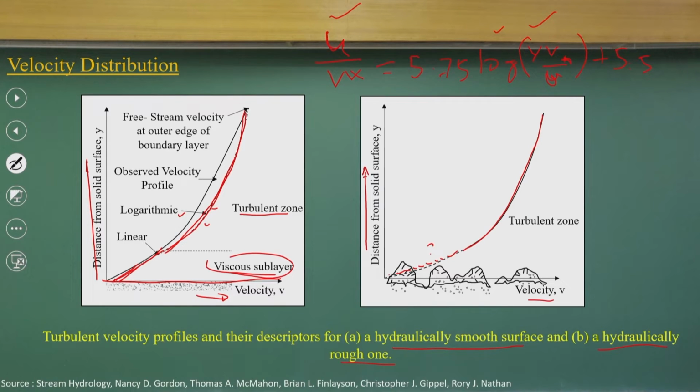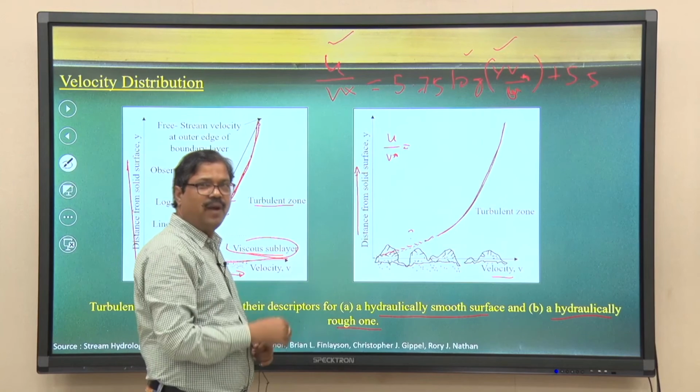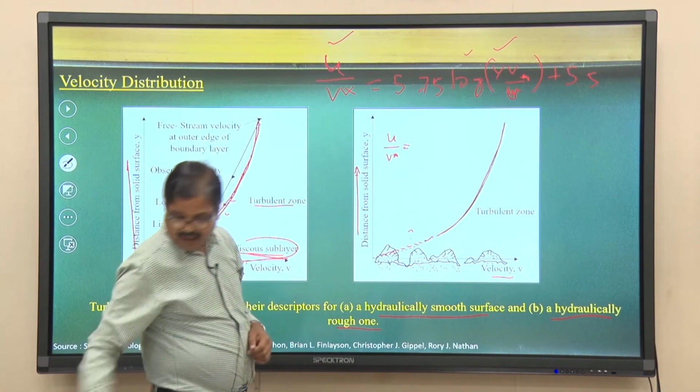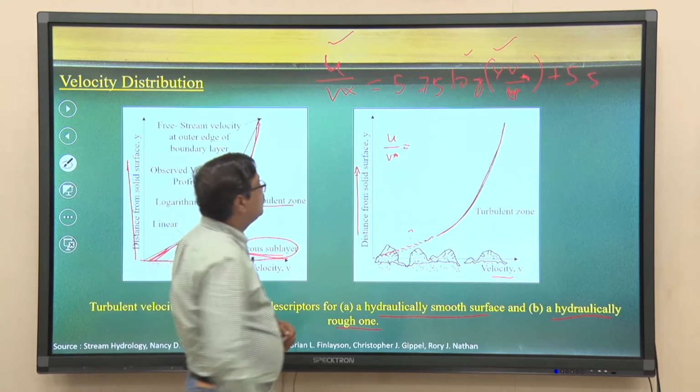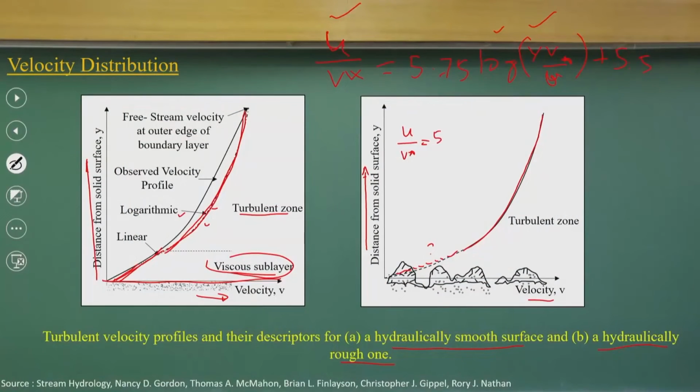If I write the velocity distribution in the same form, the ratio of the velocity at y to the shear velocity will be a function in the same way, 5.75 log, here in terms of y by k.